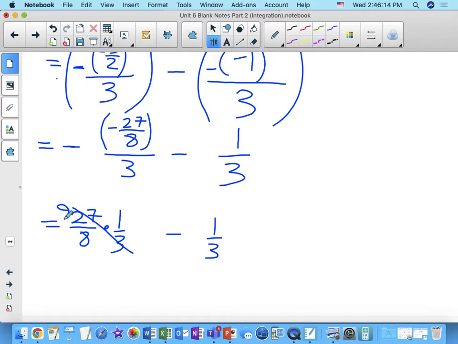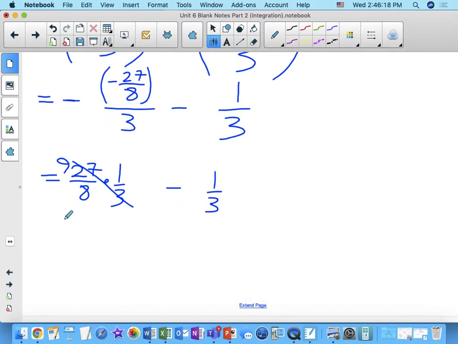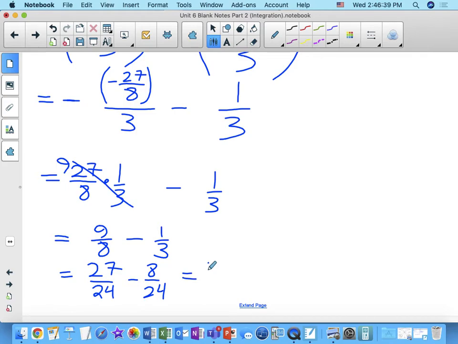So we've got 9 over 8 minus 1/3. That's not too bad. What's the LCD between 8 and 3? 24. Yep, so this is 27 over 24 minus 8 over 24. 19 over 24. There we go. All done.